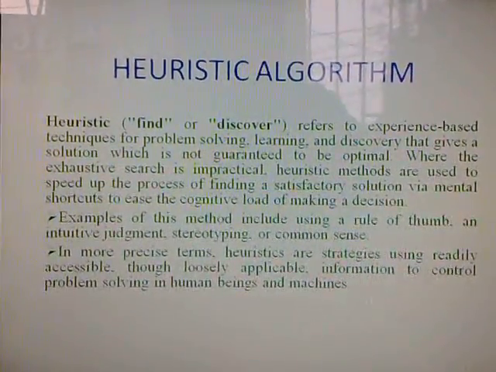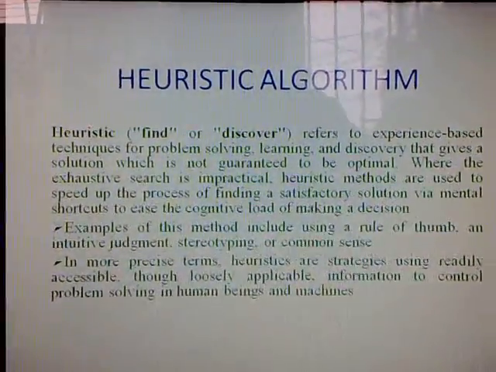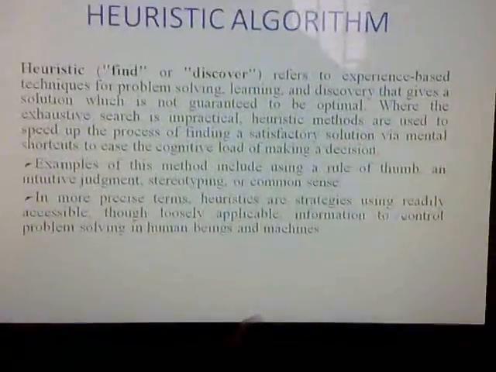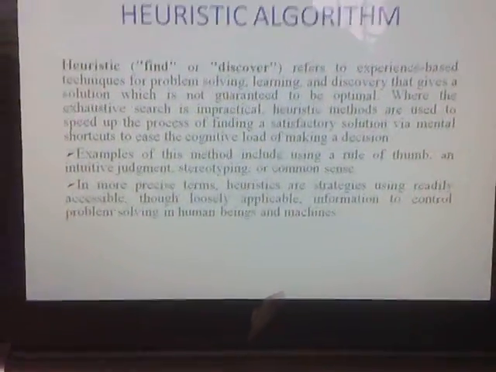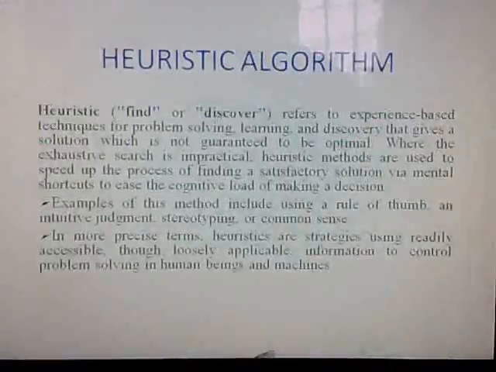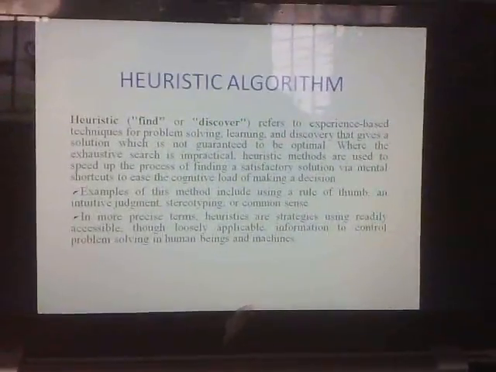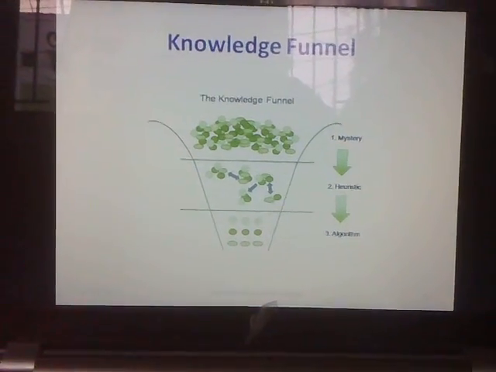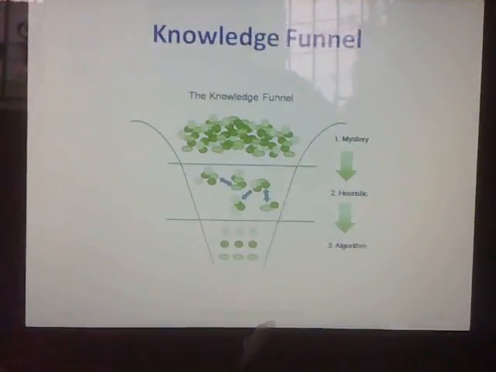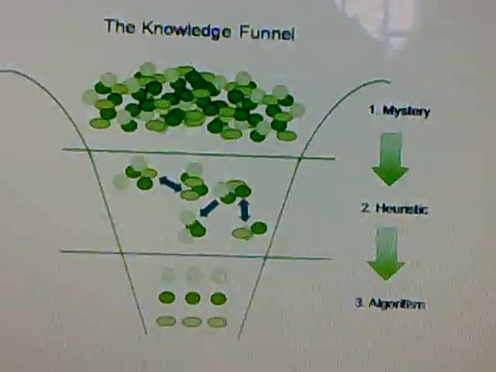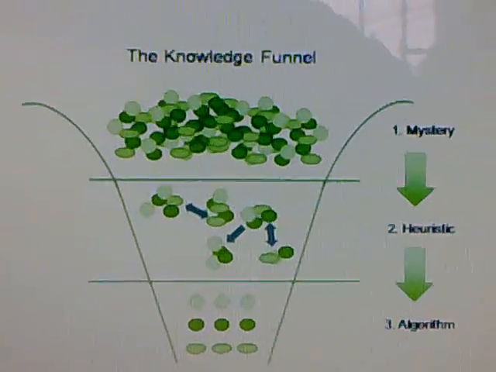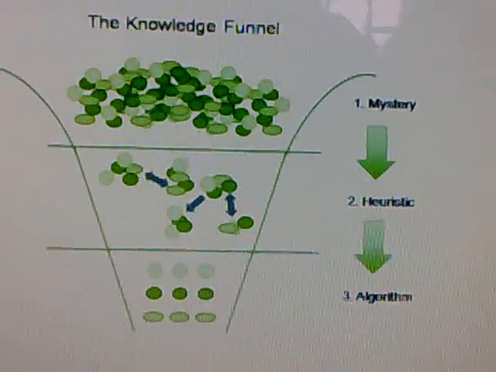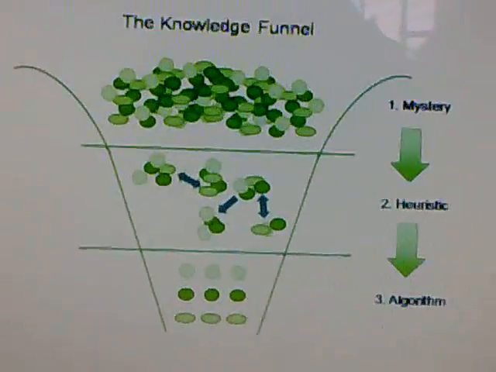Where the search is impractical, heuristic methods are used to speed up the process of finding a satisfactory solution via shortcuts that ease the load of making a decision. This is a funnel diagram for the heuristic algorithm. In the starting, we have lots of tokens. We have to segregate those tokens by using the heuristic algorithm.